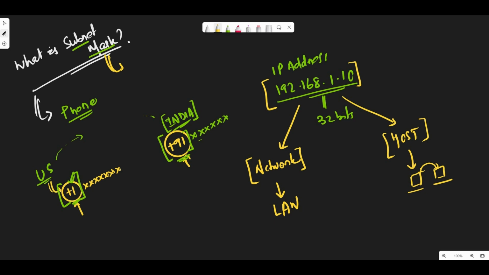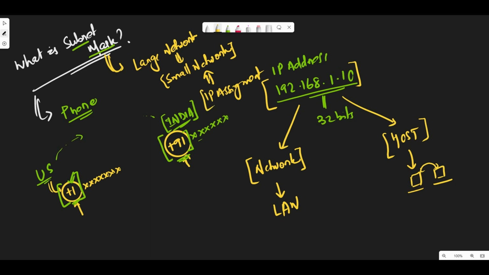You can think of subnet mask like this: you have a large network, and from the large network we can divide it into small networks based on the need for IP addresses, which makes IP assignment unique and efficient.